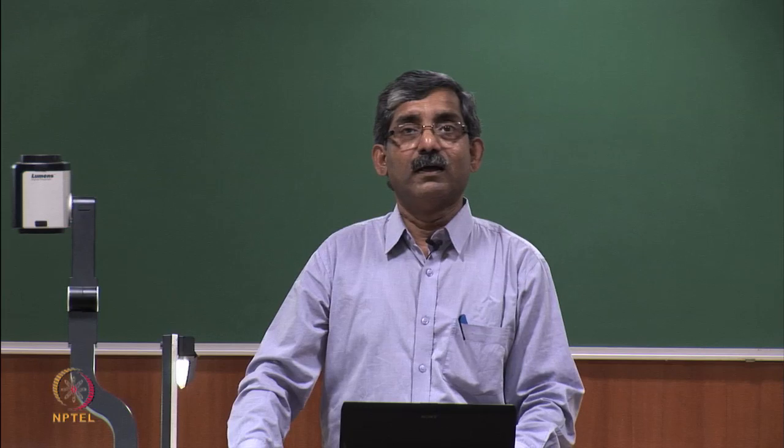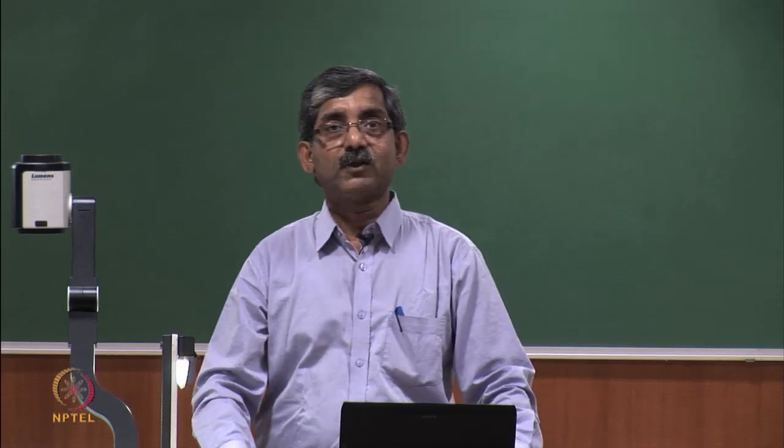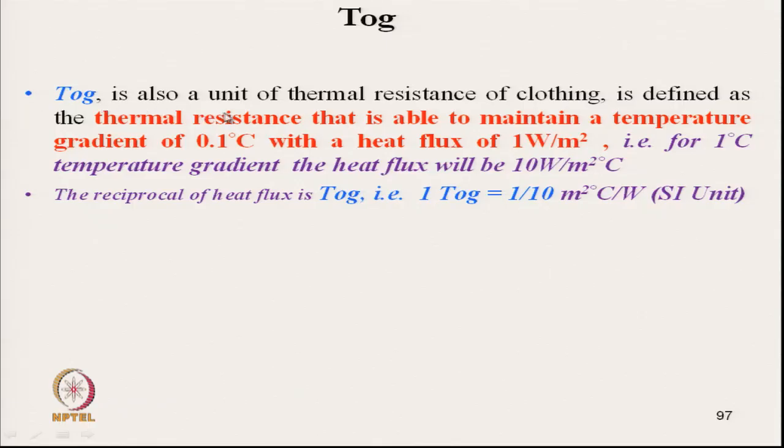Now, we can get the value. The tog is also a unit of thermal resistance of clothing and is defined as the thermal resistance that is able to maintain a temperature gradient of 0.1 degree Celsius with a heat flux of 1 watt per square meter. That is, for 1 degree temperature gradient, the heat flux will be 10 watt per square meter.